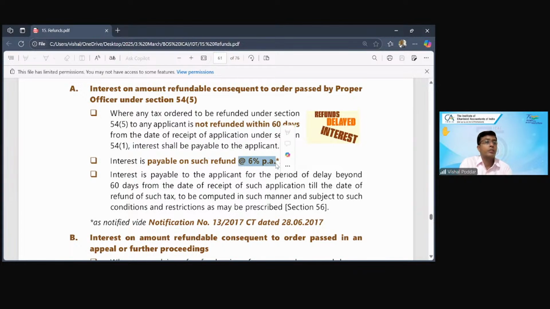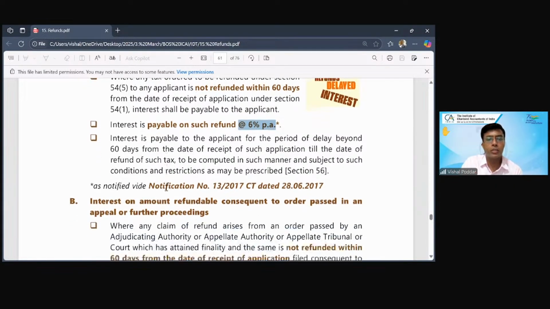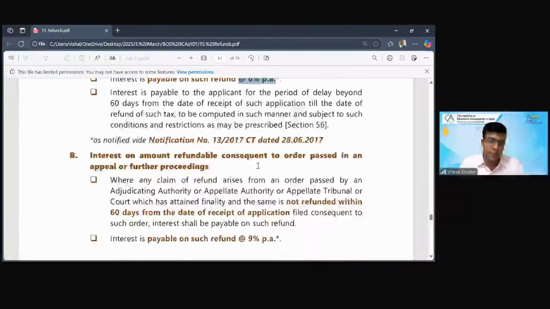They will pay you interest at the rate of 6% per annum. When you have to pay interest, it is at the rate of 18% per annum. But when you have to receive interest, that is when the government has to pay, they have kept the rate at only 6%. So interest is payable to the applicant for the period, which period? Beyond 60 days from the date of receipt of such application till the date of refund of such tax.